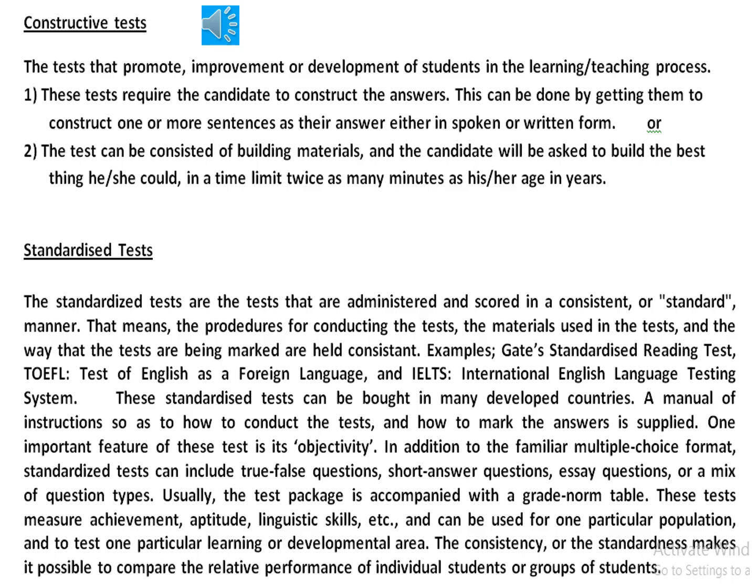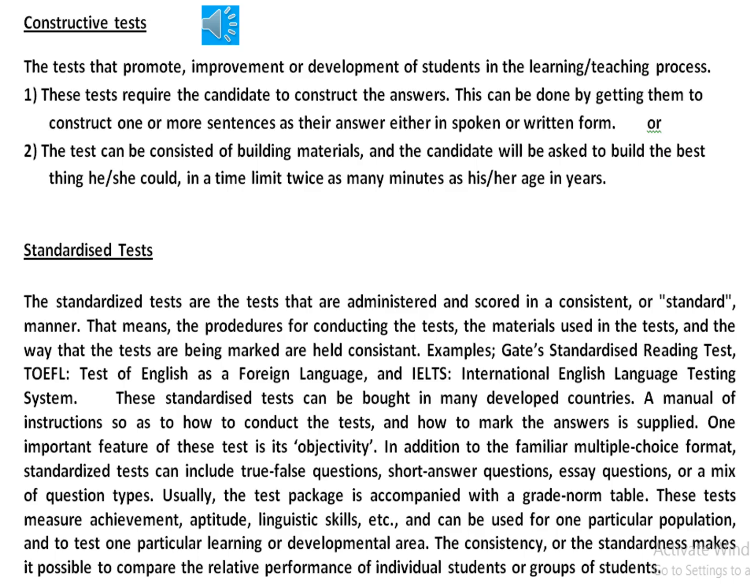So usually the test package is accompanied with a grade norm table. There's a table, say the bands are there: band 1, band 2, band 6, allocation of marks. These tests measure achievement.